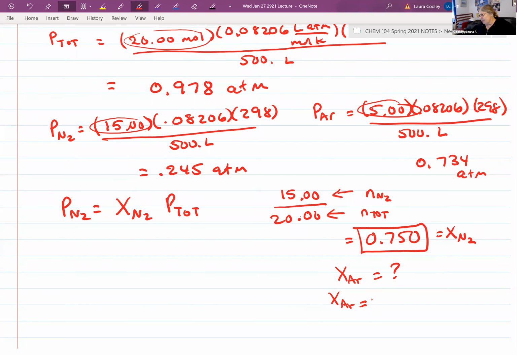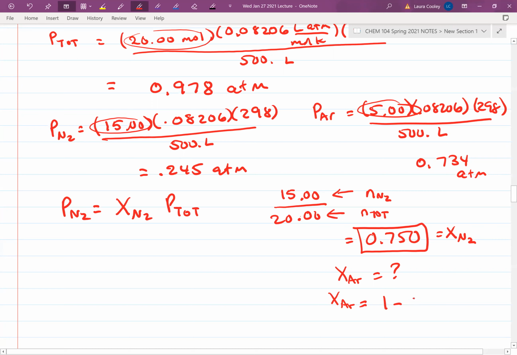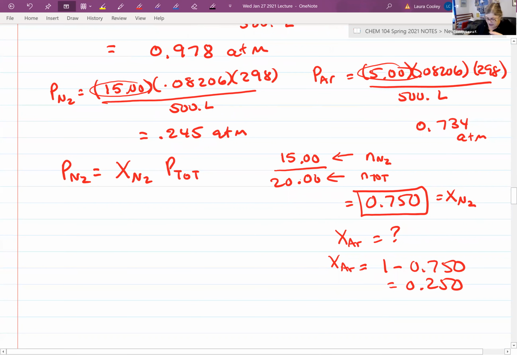Come on, what do fractions add up to? One. So that would be 0.250 to 3 sig figs, because really 1 is infinitely significant. So this would be the mole fraction of argon.